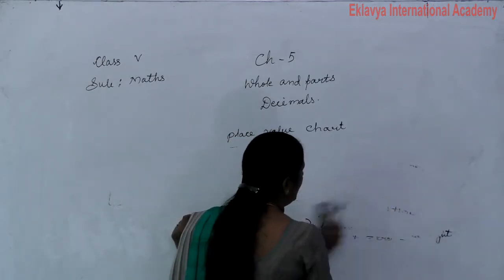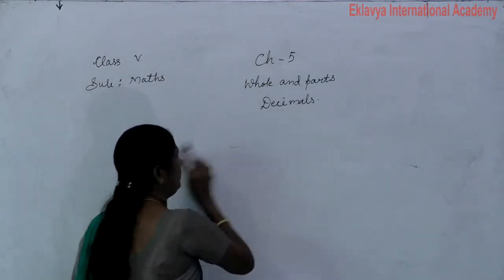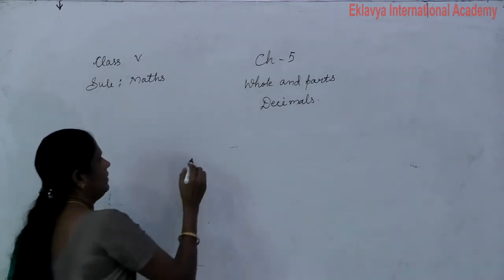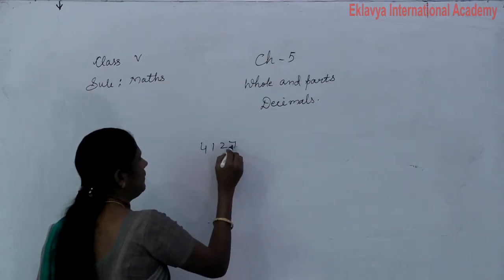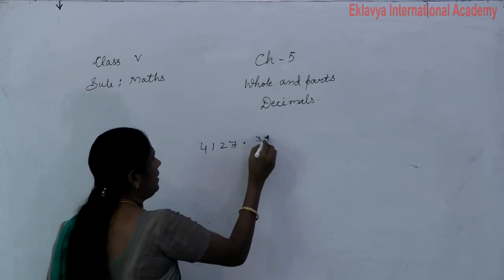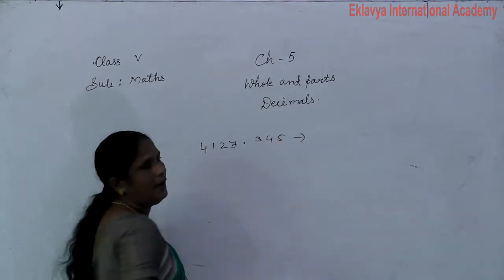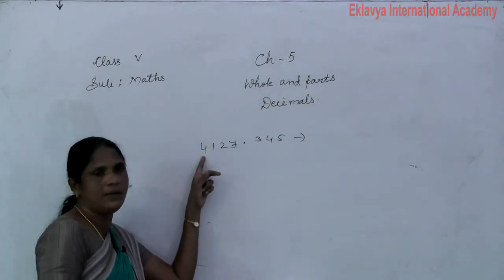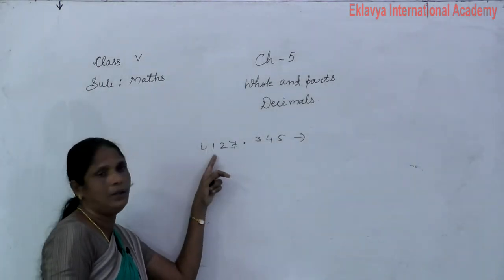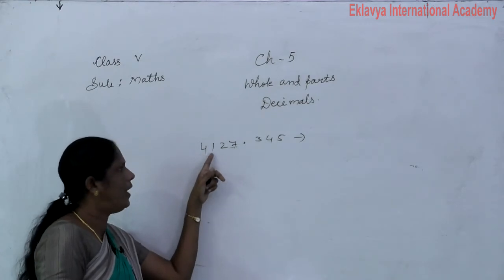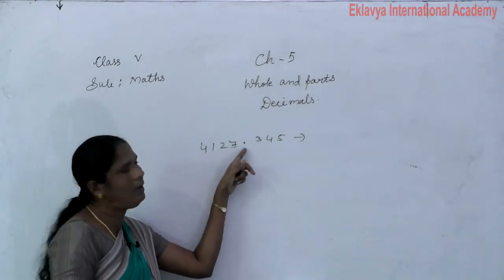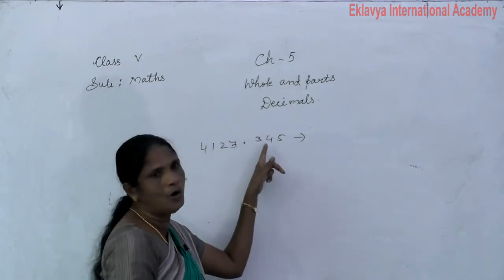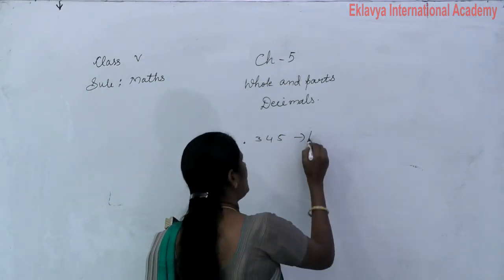Now, one more example. 4127.345. Right? 4000. You read this number together. 4127 decimal 345.